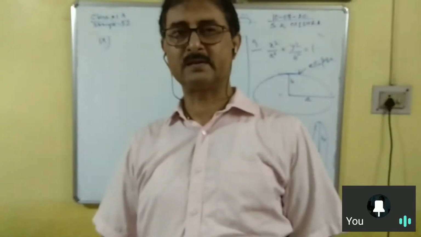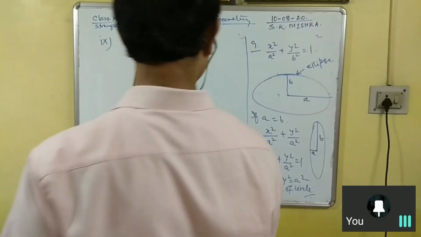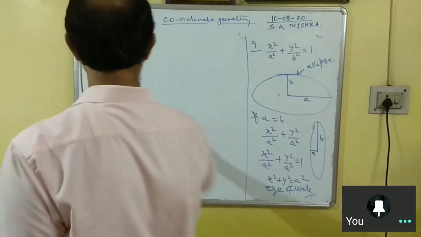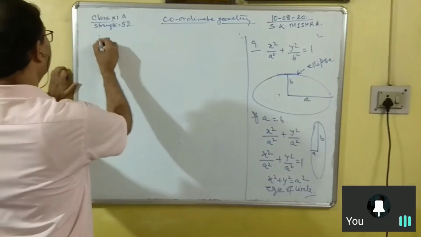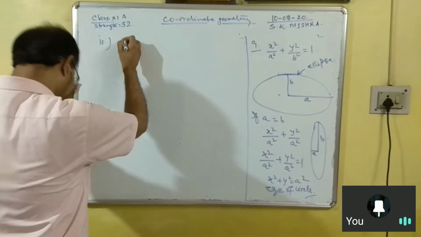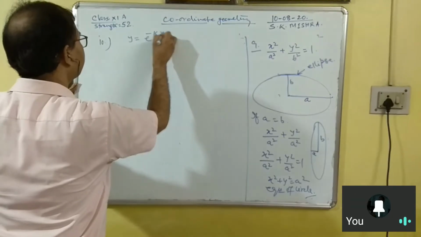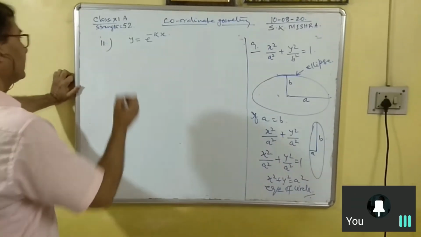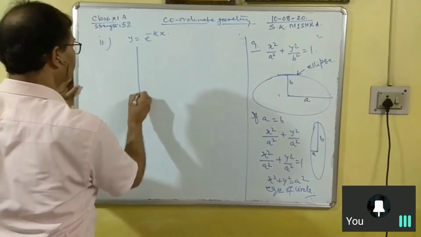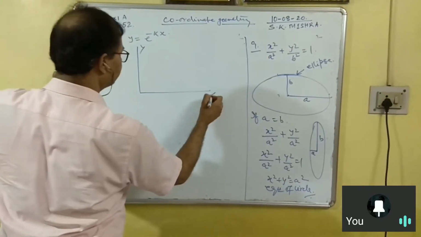Autofocus, that happens. And the ninth one I have done. This is the tenth one. So if the equation is y is equal to e raised to minus kx, exponential variation, then what is the graph drawn between y and x? This is the y-axis, this is the x-axis.